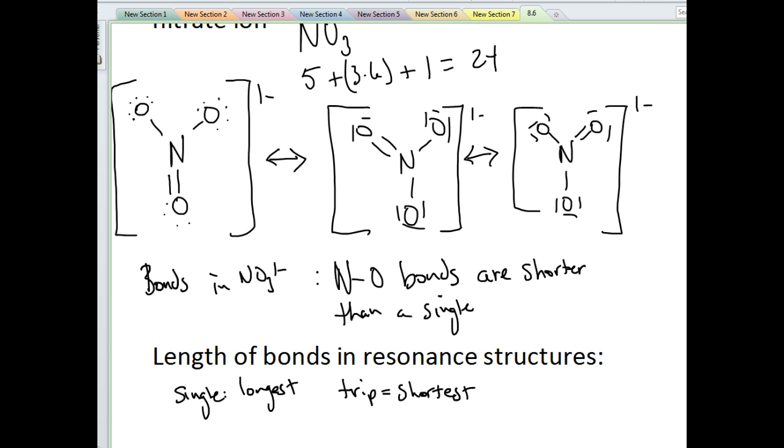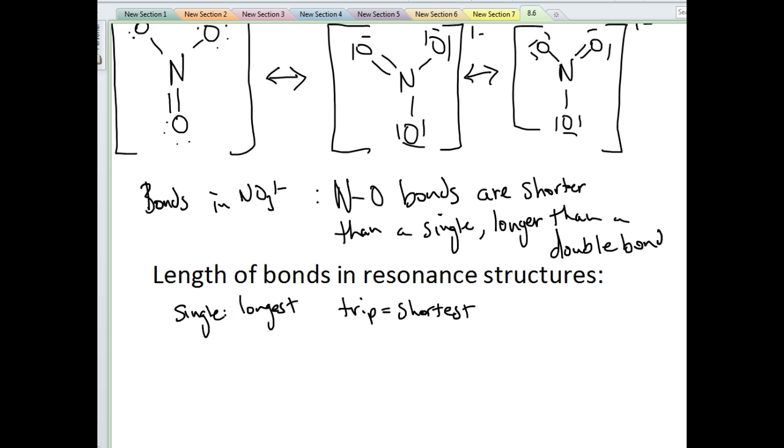Even though there are a couple single bonds in here, remember they kind of oscillate in between, but they're going to be longer than a double bond. So they're kind of in between a single and a double because you've got this resonance structure going on, if that makes sense. So that question has been asked on the AP test, so you should understand what's going on there, especially if you have resonance structures present.